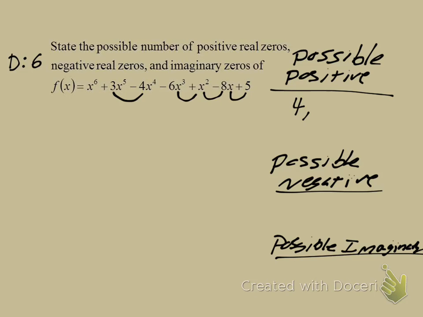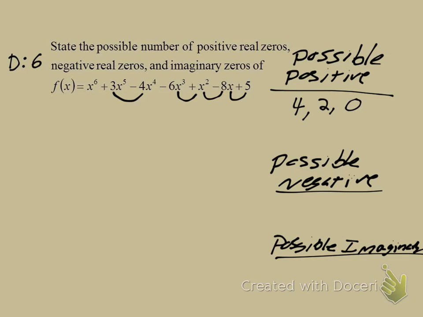You could have 2. You could have none. We don't know. That's why the word possible is here. We don't know what kinds of zeros this guy has. We're just figuring out the possibilities. So that's for your positives.